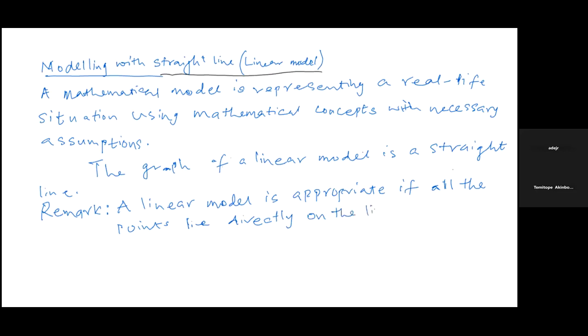So what that remark is talking about is that for you to conclude that a particular linear model is appropriate, when you plot the graph of that model using real values now, and you draw your line of best fit, all the points must lie directly on that line or very, very close to the line. Is that clear? Yes, sir.